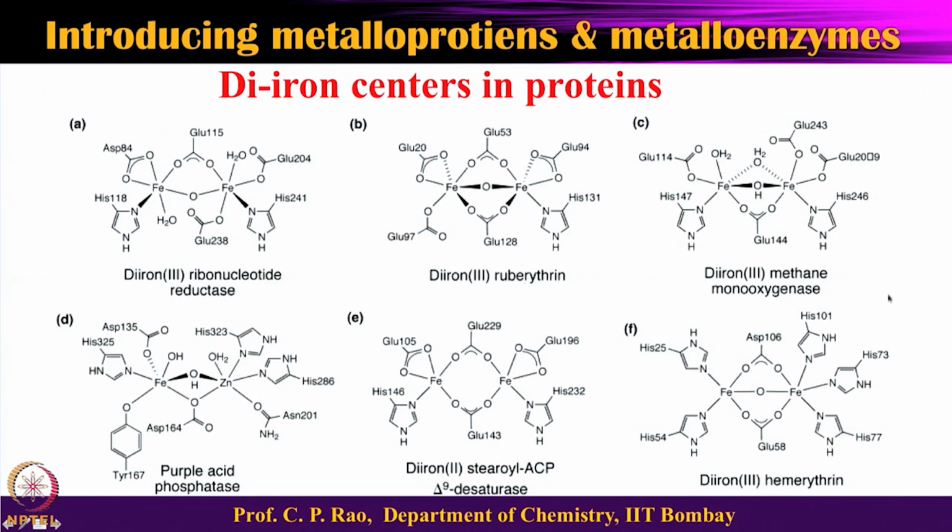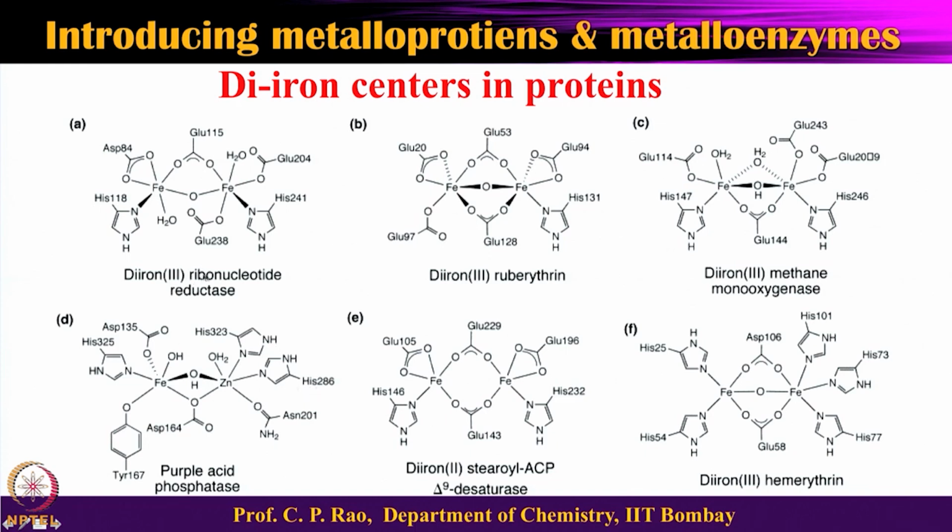We know already methane monooxygenase, as you can see here, and we also know the hemerythrin. And the ones which are ribonucleotide reductase, which we are going to study now, rubrerythrin, which we are going to study now, and purple acid phosphatase, again we are going to study now.